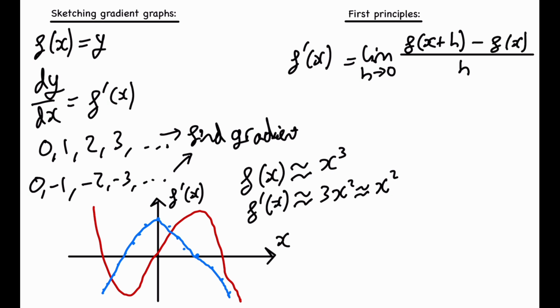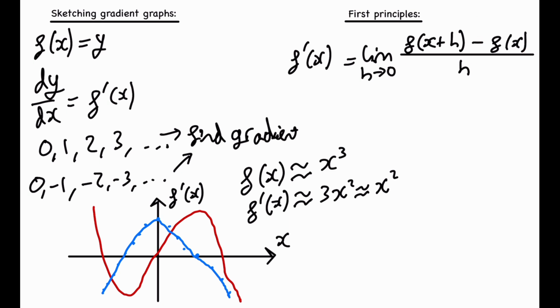Because you can't have a value over 0, you'll get infinity. So that's why h tends to 0. So to find the derivative of function f of x, you would put a function like, say, x squared into here, and then here you would get x plus h all squared because your function is x squared, all over h.